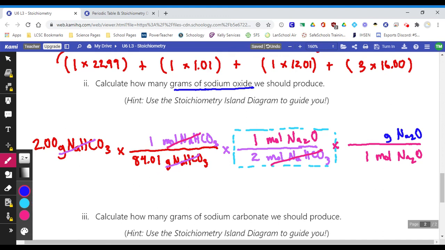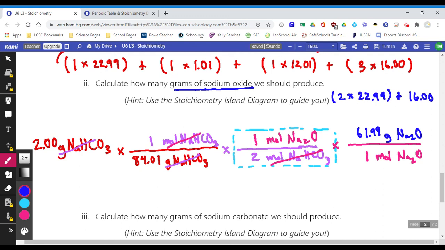So each Na was 22.99, so this is going to be 2 times 22.99 plus my 1 oxygen, which is 16.00. Since 1 times 16.00 is just 16.00, I'm just going to write that. So 2 times my 22.99 gets me 45.98 plus 16 is going to give me 61.98. 61.98 grams of Na2O in every mole of Na2O.